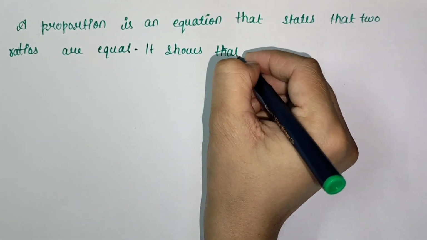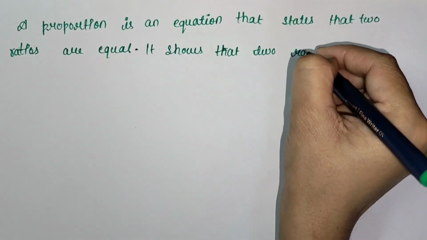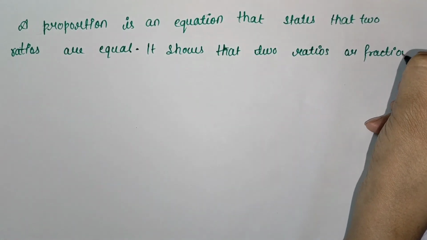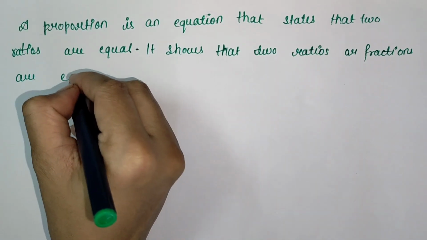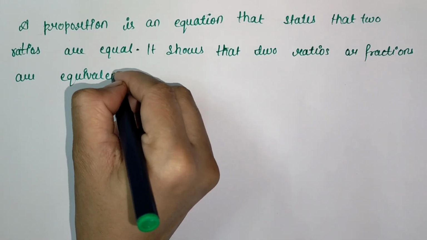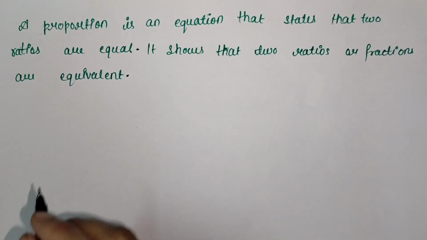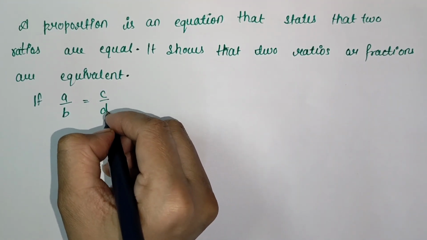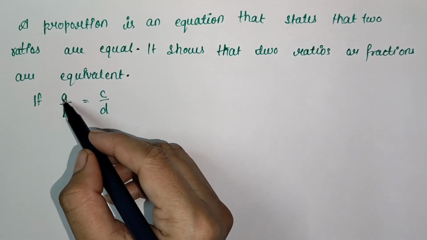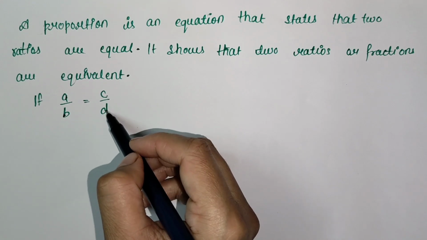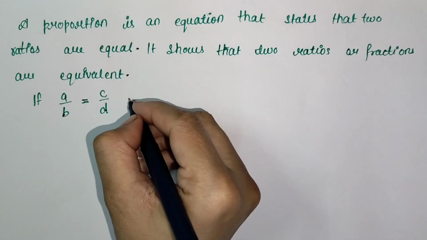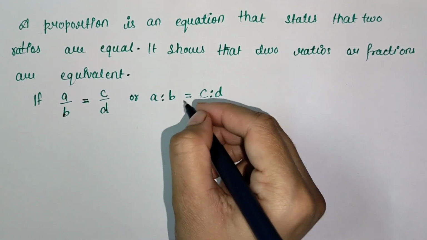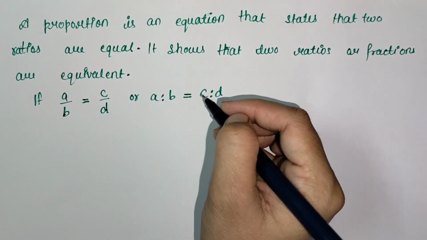It shows that two ratios or fractions are equivalent. For example, if A upon B equals C upon D, it means that A upon B is a ratio and C upon D is a ratio, and they are equivalent, or A is to B equals C is to D, meaning equivalent.